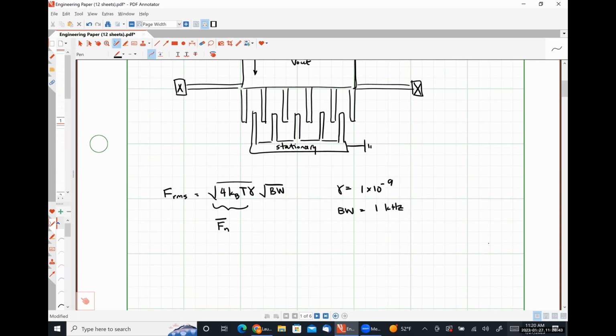Right? So using these numbers, we're going to have 4 kBT times 1 times 10 to the minus 9 times 1 kilohertz, which is going to look like 1 times 10 to the minus 6. All right, so let's see, kBT over q would be millivolts. Sorry, I'm trying to figure out what the units are here.